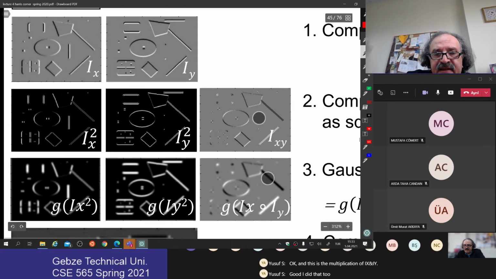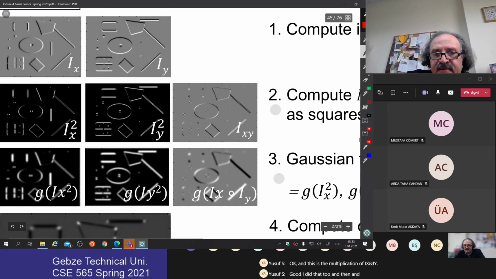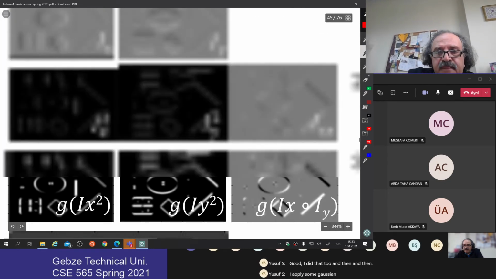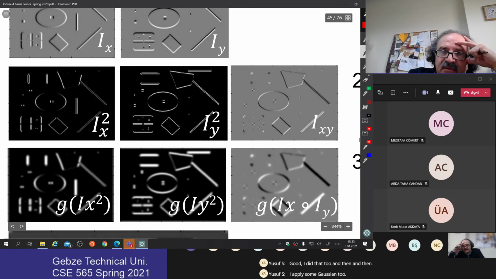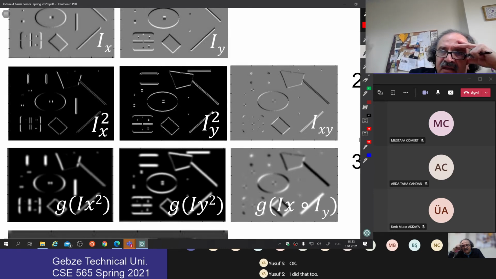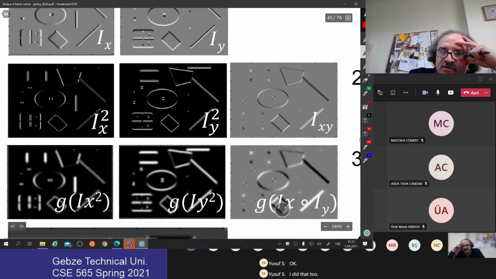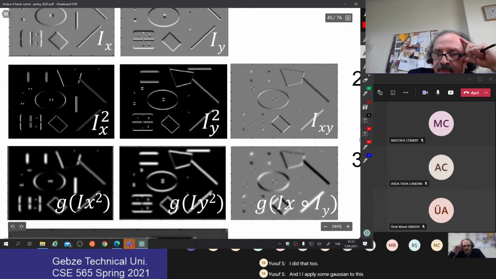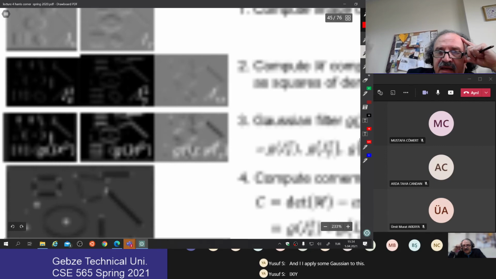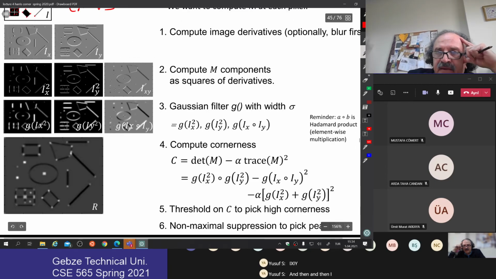And then I apply some Gaussian to Ix, I apply some Gaussian to Iy, and I apply some Gaussian to this Ix Iy. I did that too. And then I run this formula.